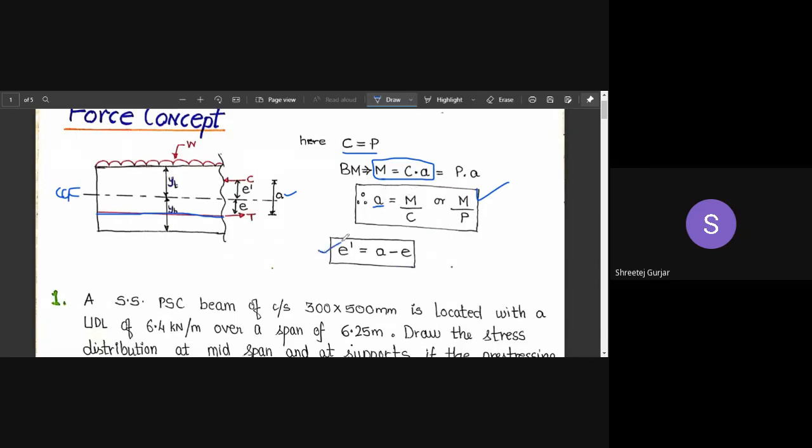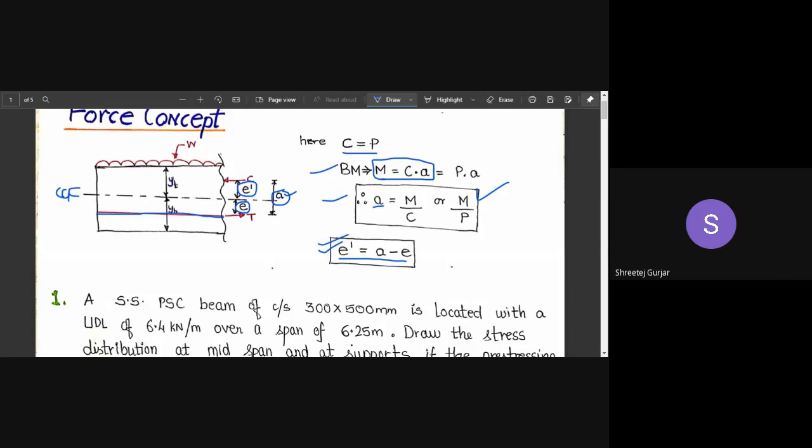The eccentricity will be given, and you have calculated the lever arm. From A, if you deduct your eccentricity E, you will get E dash. Remember this, as we will require all these things while solving your numericals.